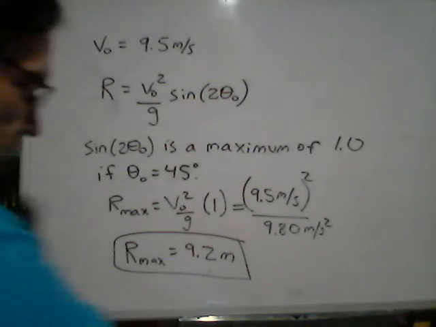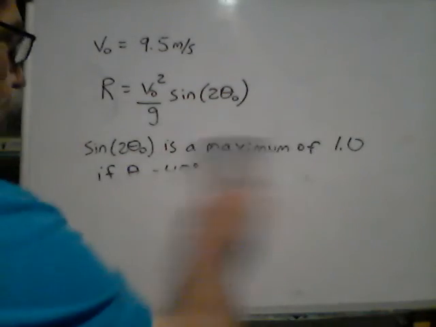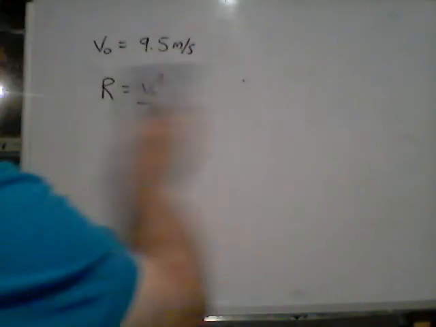Okay, so that's it for the range equation and projectile motion. I want to talk about one last concept, and then that's it for this chapter. The last concept we want to talk about is what's called relative velocity.